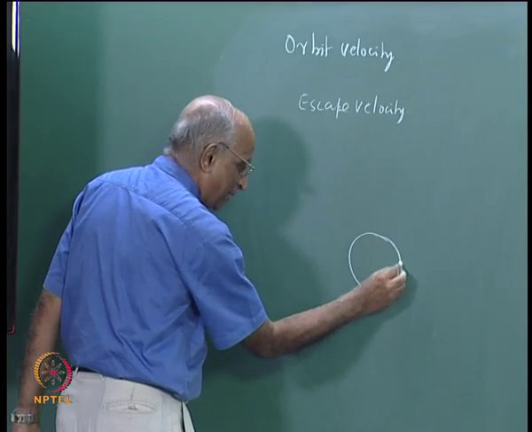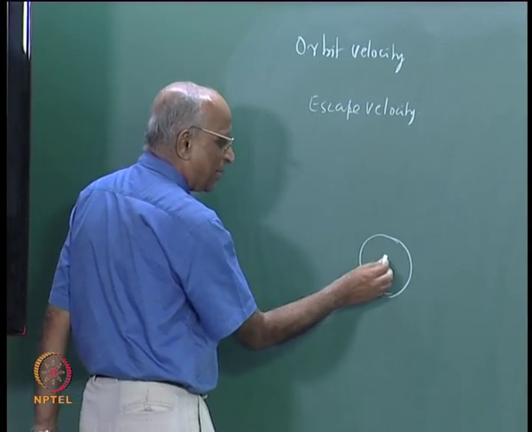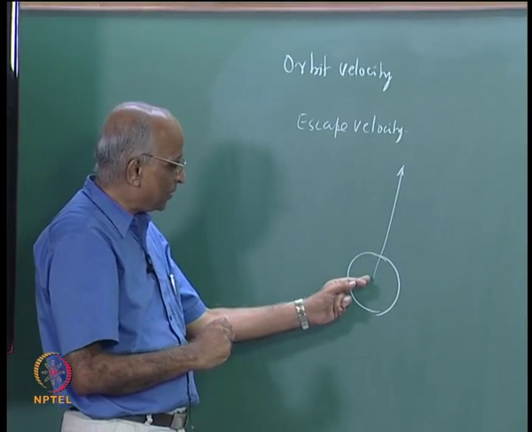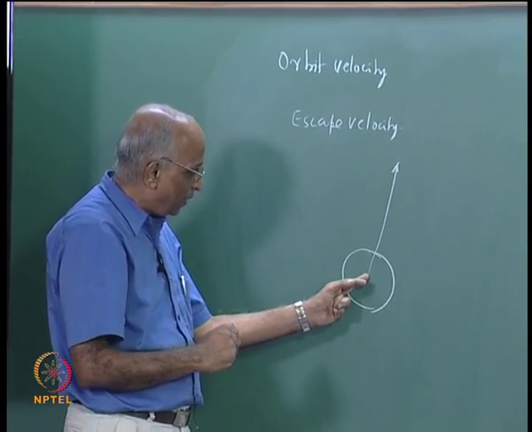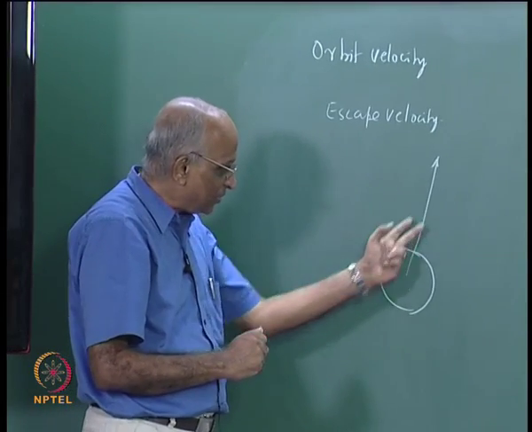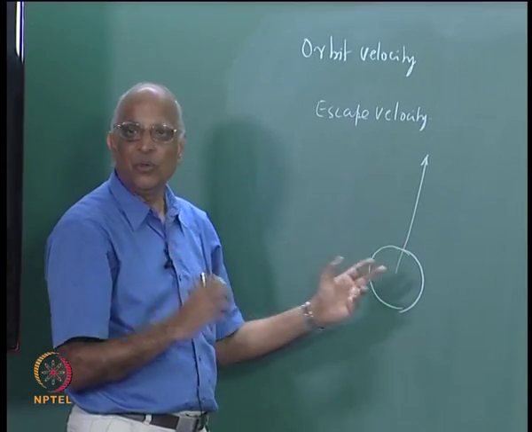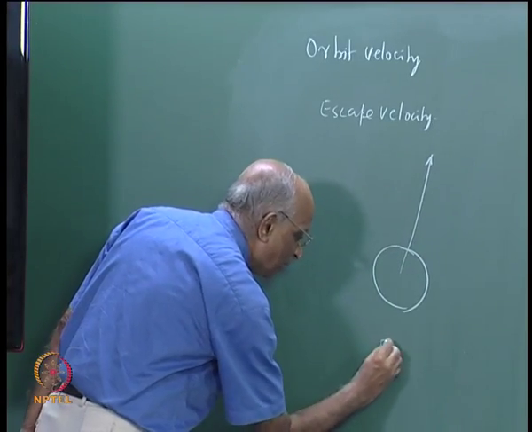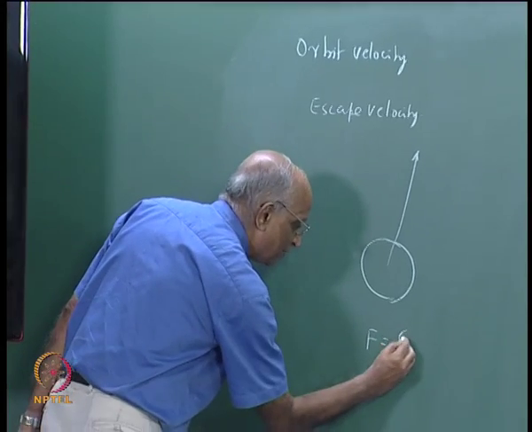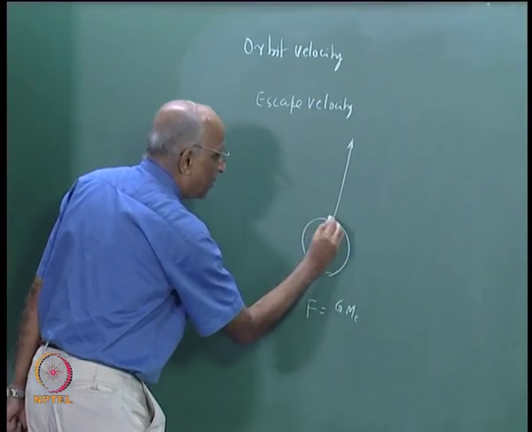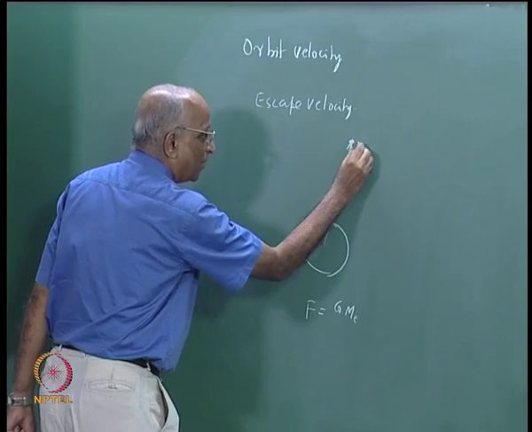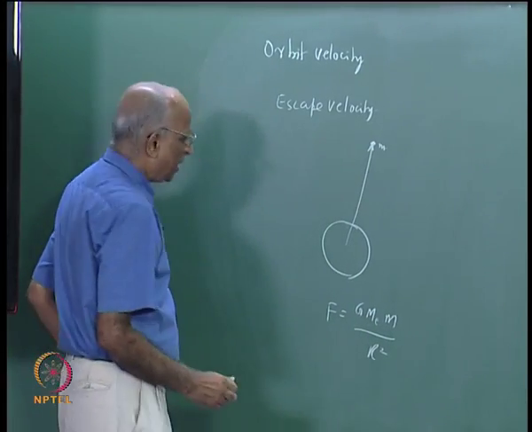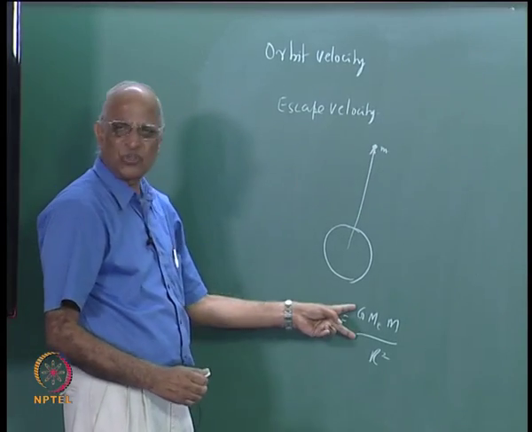Let us say I have the earth and I want to escape from this earth, as it were. That means I want the force with which the earth is attracting me to vanish. In other words, the force is given by G M_e m divided by r squared, and this force must vanish.